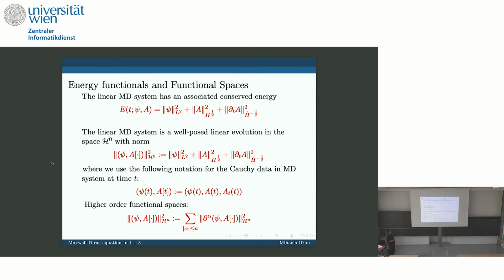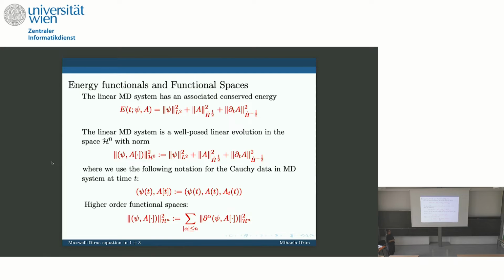So if you look at the conserved energy, you're going to see it's like you've seen it before. It's the L2 norm of the spinor, and then I measure A in homogeneous H^{1/2}, and the derivative of A with respect to time in homogeneous H^{-1/2}. Associated to this is what we call this Sobolev space, H-round 0, which basically tells me that I'm going to measure the spinor and the electromagnetic potential in the right energy spaces that you've seen before.